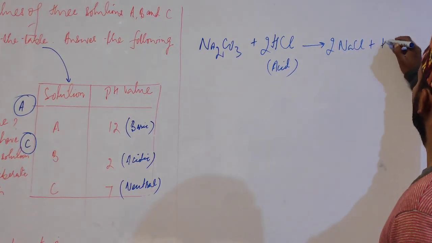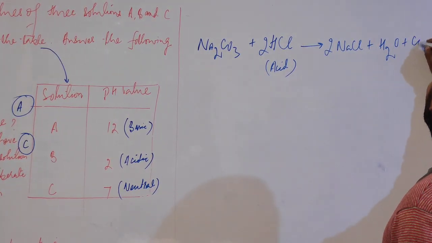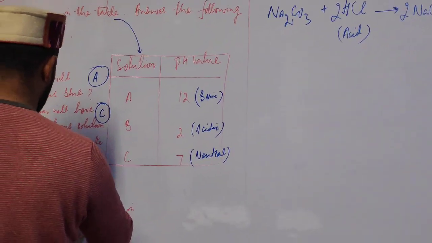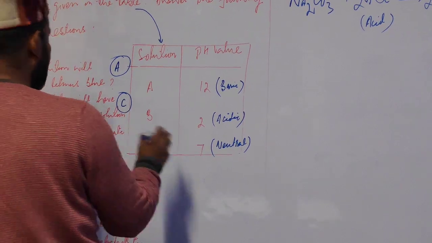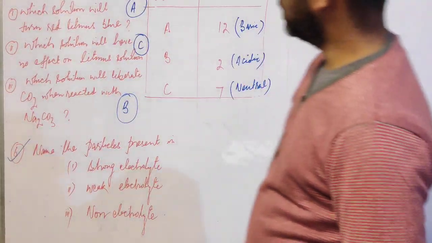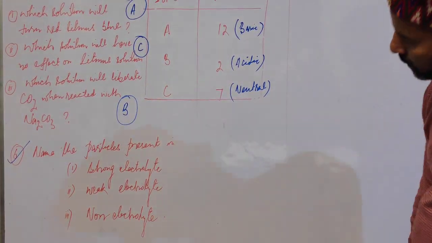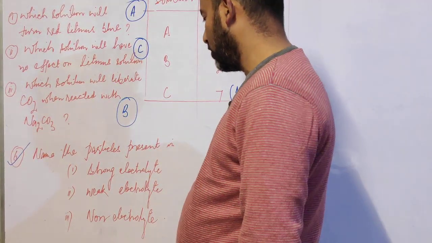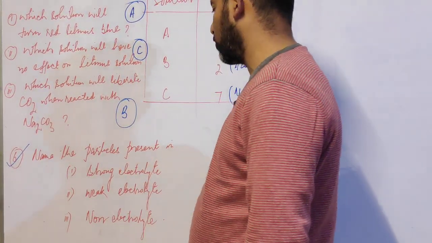So students, the answer to the question 3 is acidic solution, that is B, because only acids liberate carbon dioxide from carbonates. Now students, the sixth question, name the particles present in strong electrolyte, weak electrolyte and non-electrolyte.